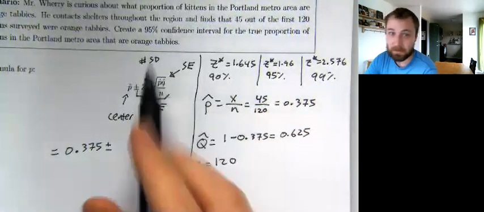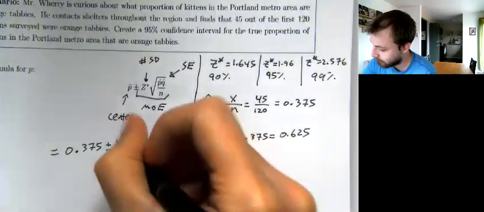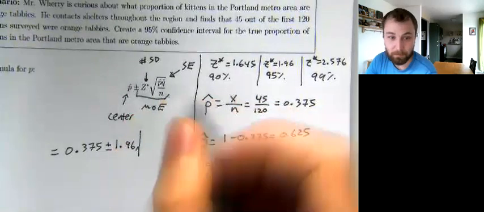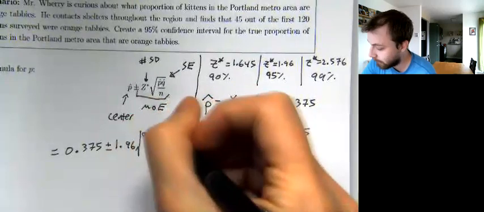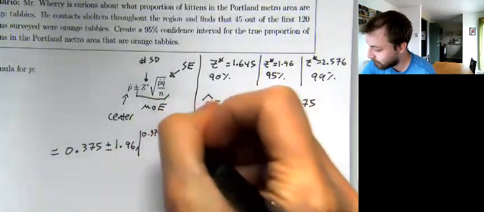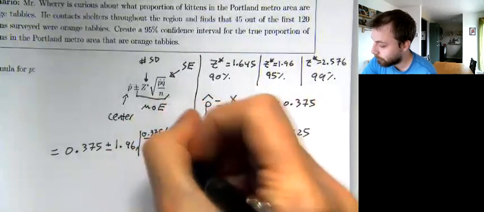So I wanted to be 95% confident. I'm using a critical value of 1.96. My square root is going to be my success rate, that's the 0.375 number, my failure rate, that's the 0.625 number, divided by the total number of samples.